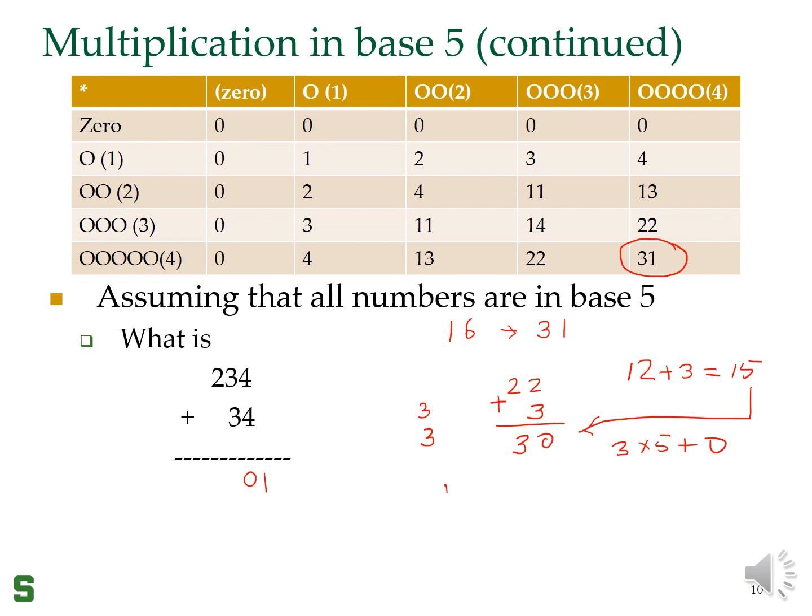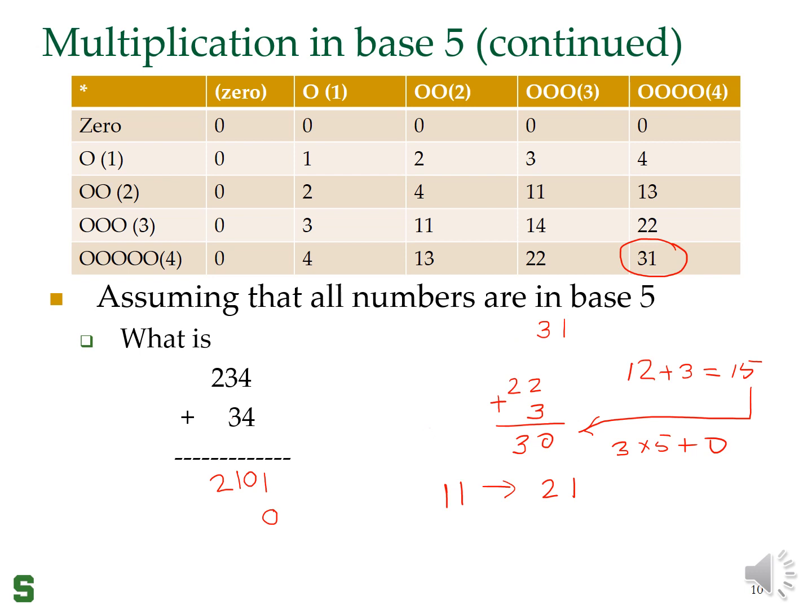4 times 2 is 8. 8 plus 3 is 11. 11 when I map it will be 2, 1. Now I'm going to add a 0 here, just like what I would do in a decimal multiplication. Then I'm going to do 3 times 4, that's 12.